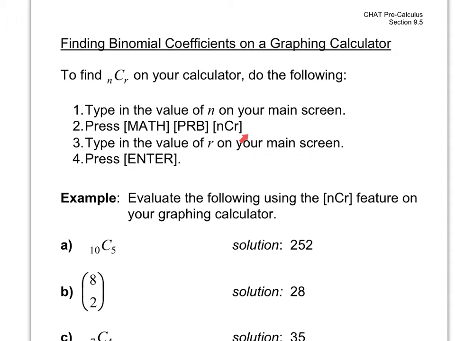So you type in your n number, then you get the nCr on your screen, and then depending on your calculator, you will either just enter the r number on your main screen, or if you have the little boxes, so let me show you that. So you might have the boxes like this, and then the C, and then the box like this, where you would use your arrows and your number keys to fill in these two numbers.